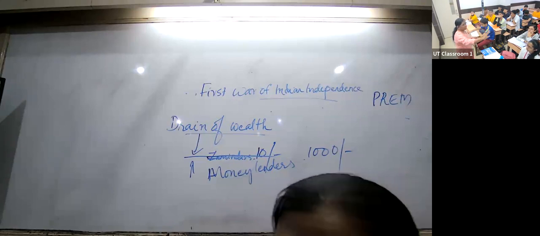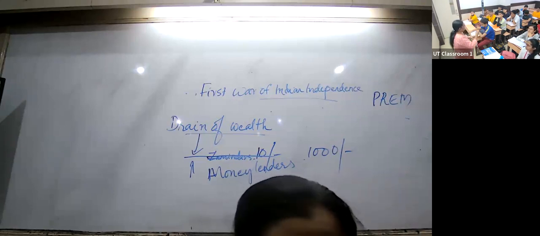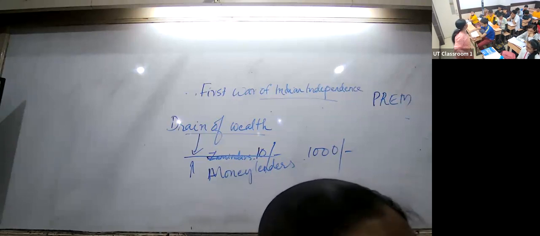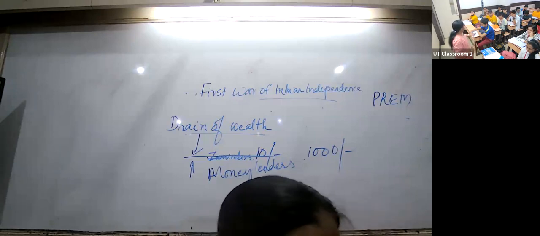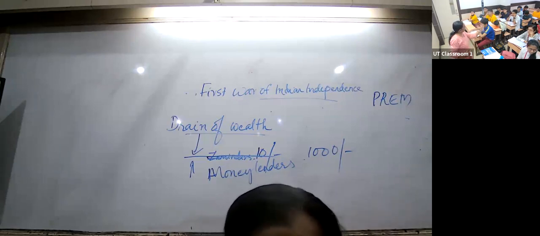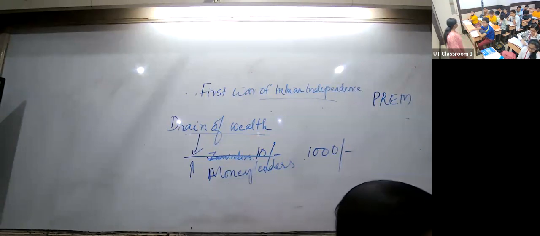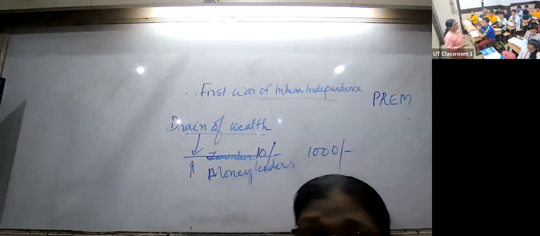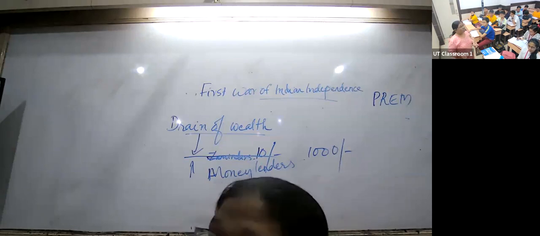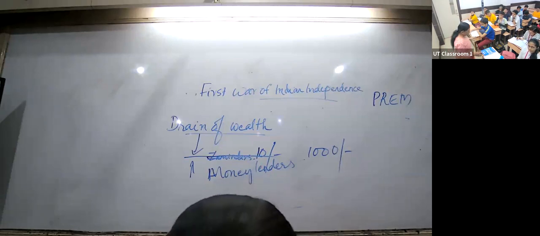Now those allowances were stopped and they were given low salaries. After coming back, when there was no war, they did not get any extra salaries. This made them protest.